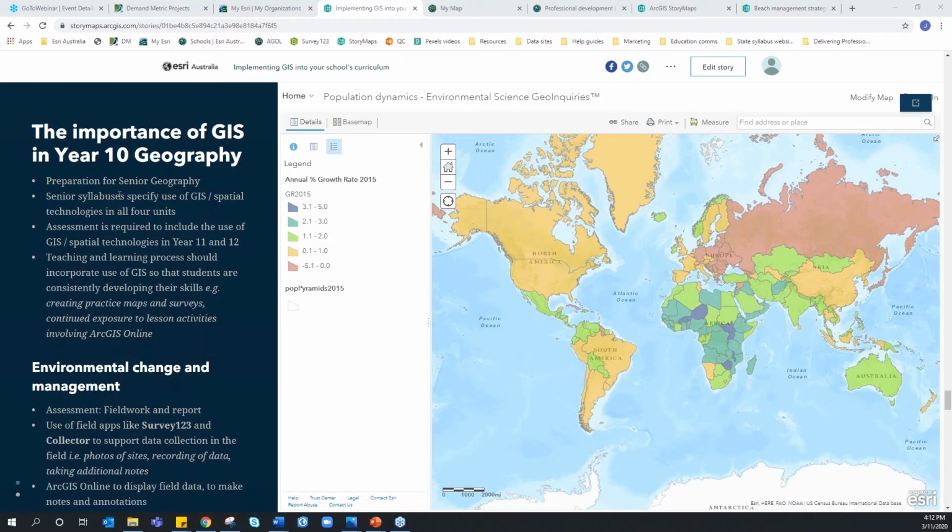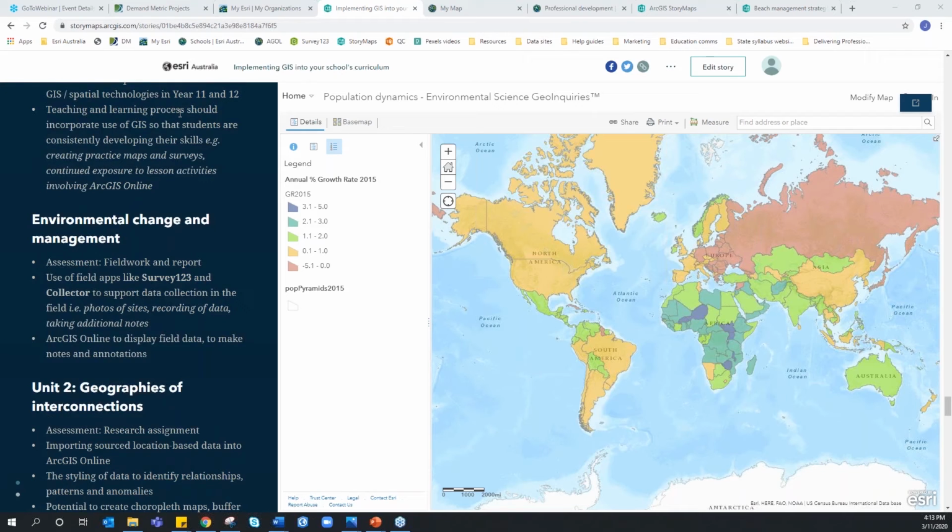And speaking from a Queensland teacher's point of view, one of the criteria is essentially all about geospatial technology and the creation of maps and the adding and analysis of data in those maps. It's going to be really hard for your students to be marked well on that criteria if they're not using geospatial technologies.